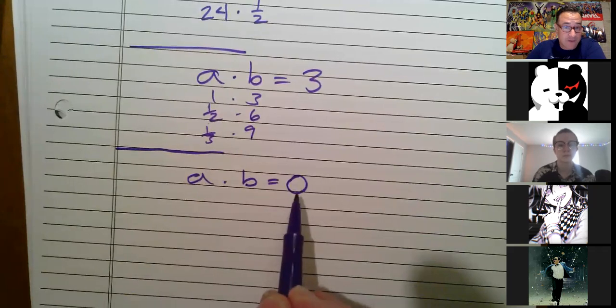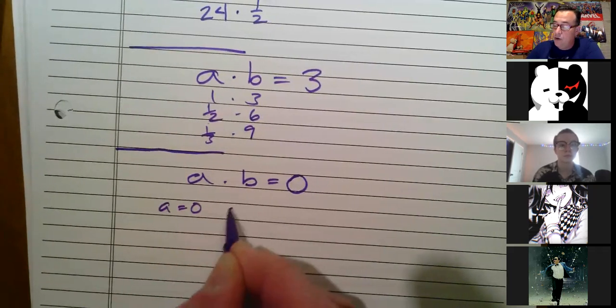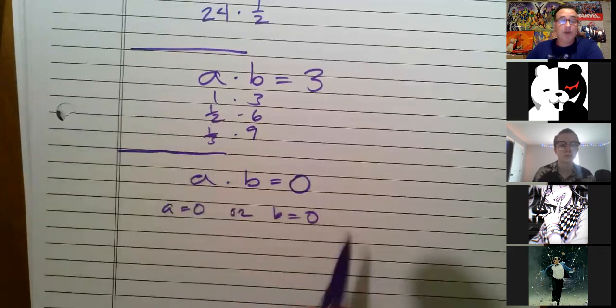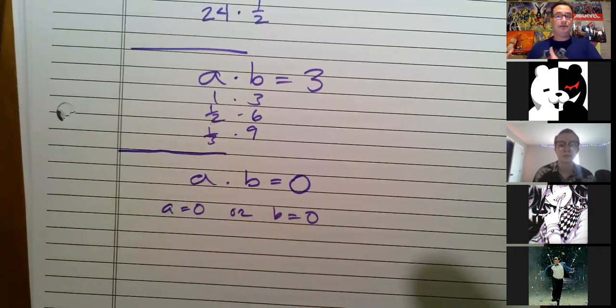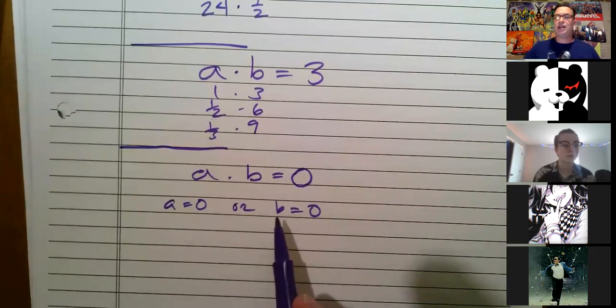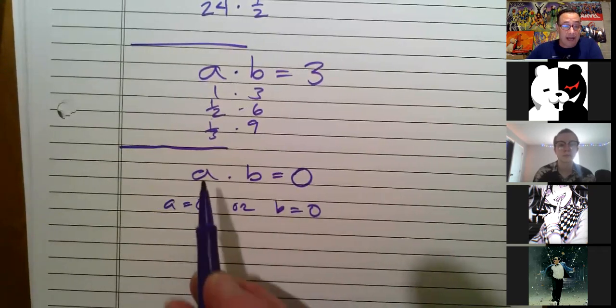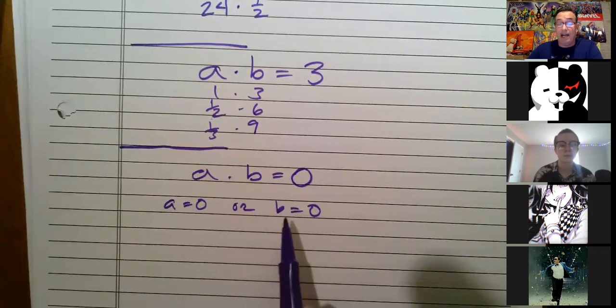With 0, the only way you can multiply to get to 0 is if A equals 0 or B equals 0. And that limitation helps us solve problems, because if one of these two things has to be true, then I can solve for what could make this 0, and I'm in better shape.